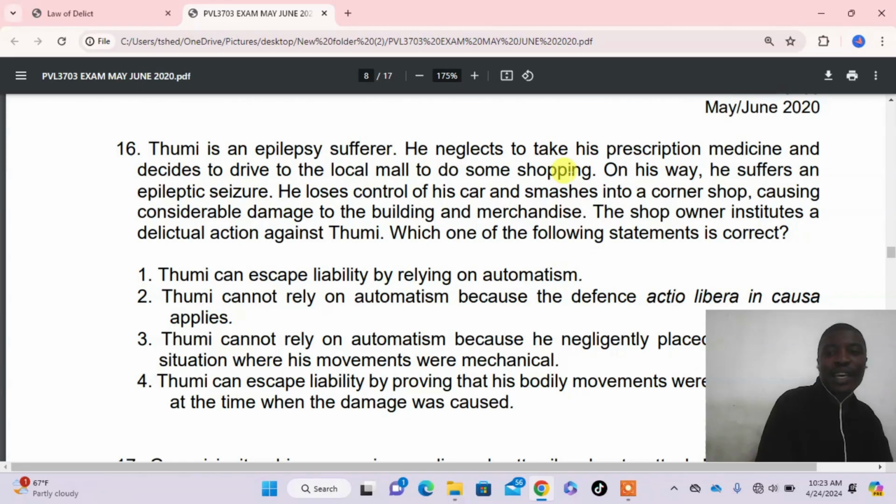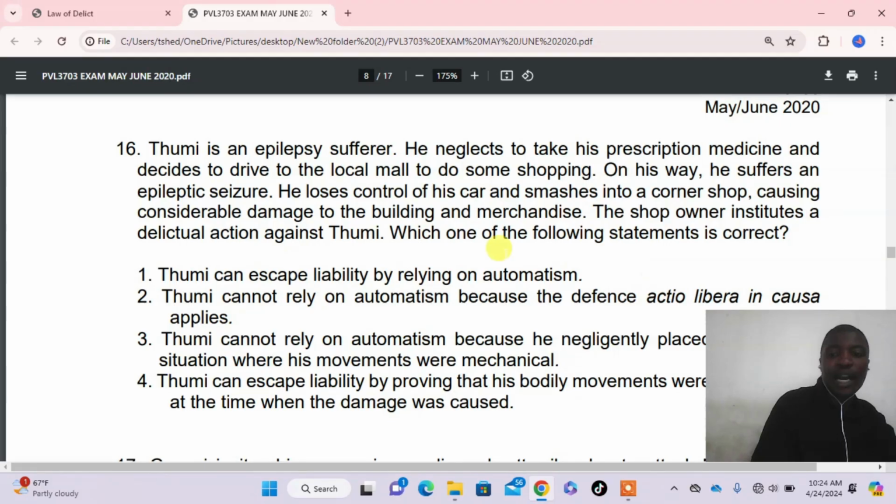On his way, he suffers an epileptic seizure. He loses control of his car and smashes into a corner shop, causing considerable damage to the building and merchandise. The shop owner institutes a delictual action against Tumi. Which of the following statements is correct?